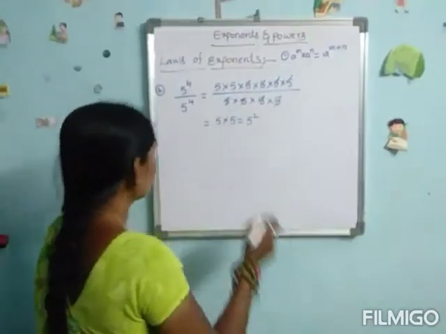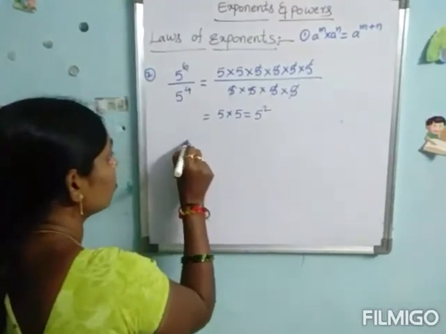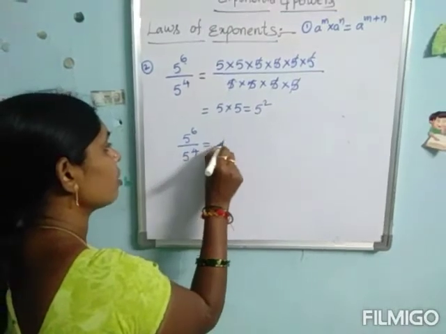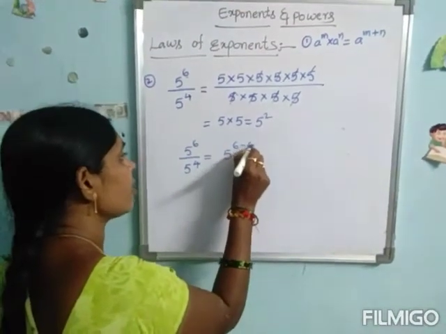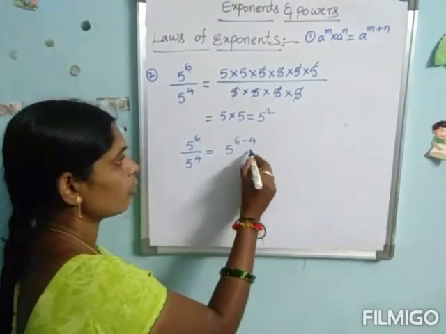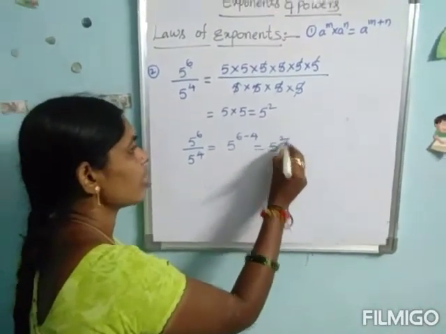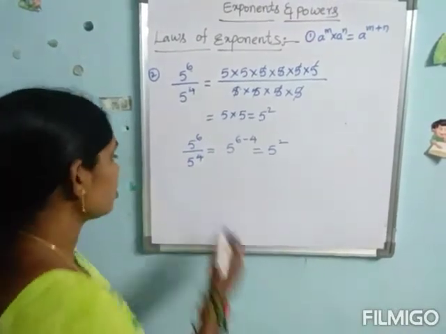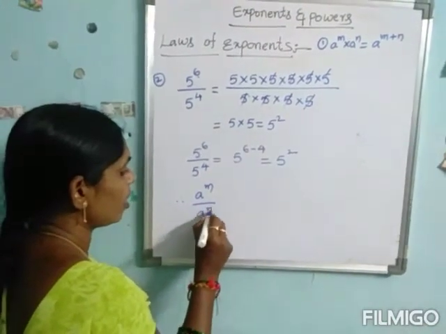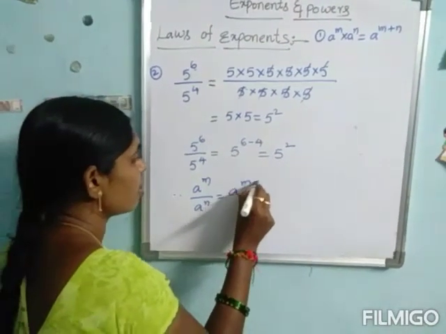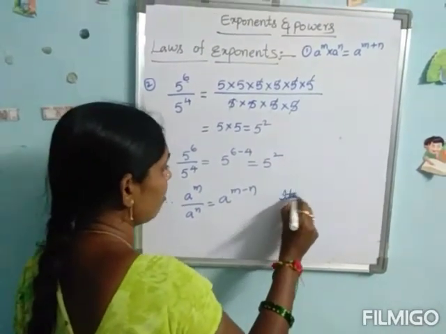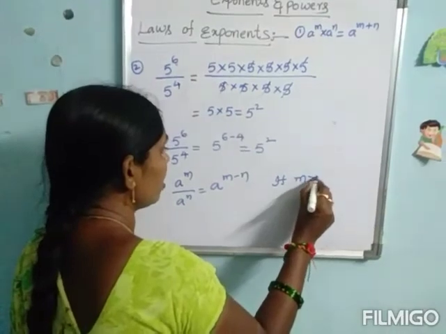We can write it like this also: 5 to the power of 6 by 5 to the power of 4 equals 5 to the power of 6 minus 4, which equals 5 square. So in general form, a to the power of m by a to the power of n equals a to the power of m minus n. Here one condition is that m is greater than n.